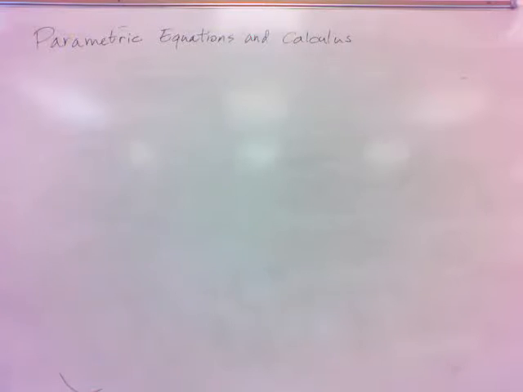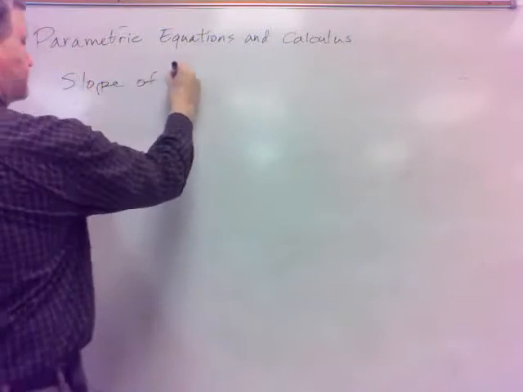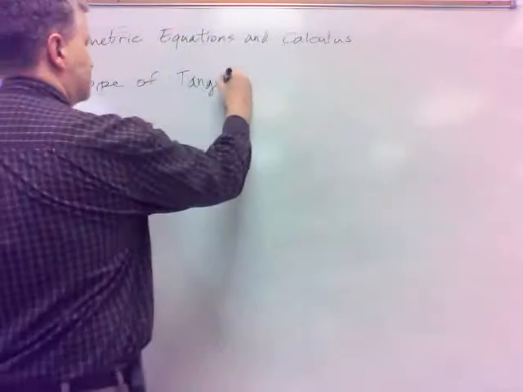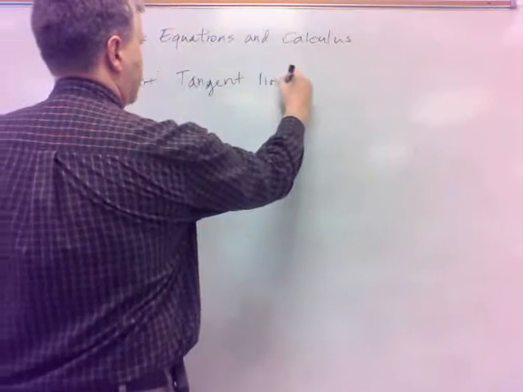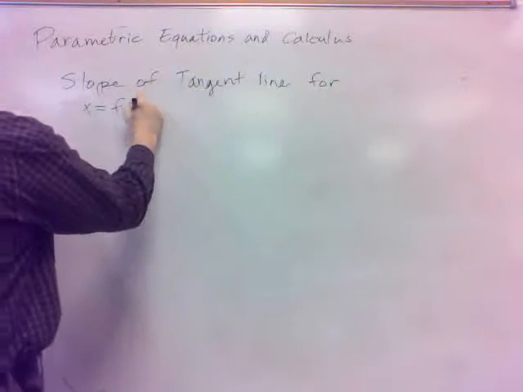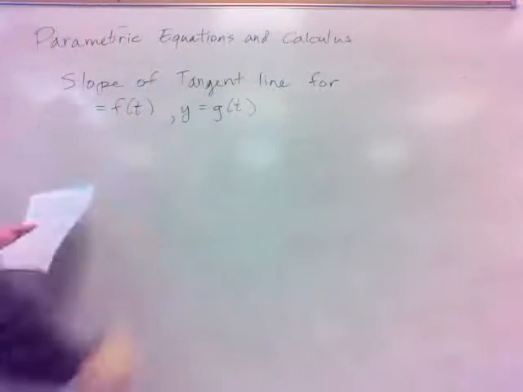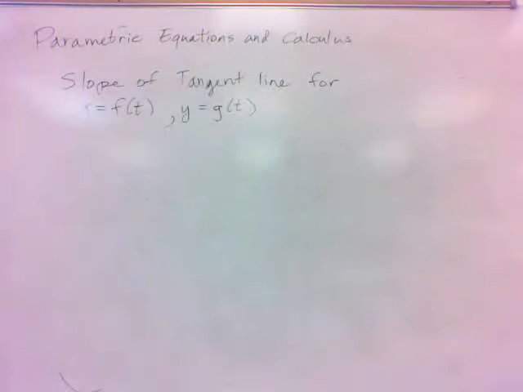But for now, we need to start here talking about the slope of a tangent line for a parametric equation: x equals f of t, y equals g of t. Okay, here's the thing.